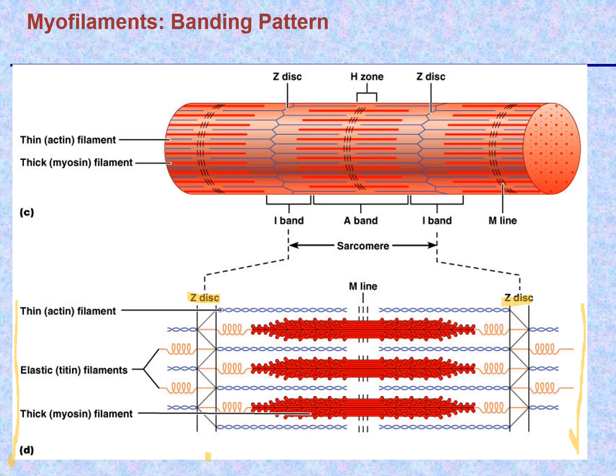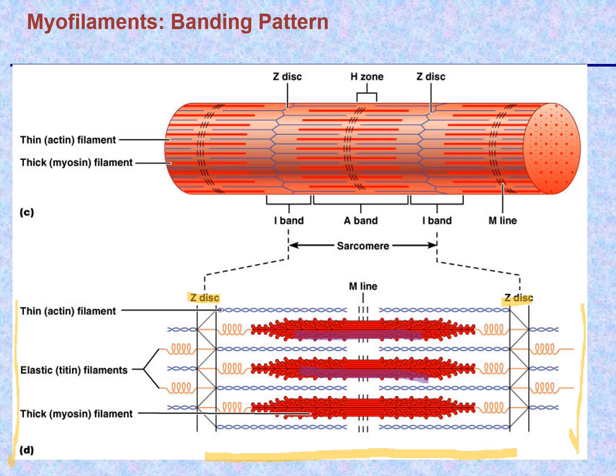That means that this entire area is one sarcomere, and there's a thick filament made up of the protein myosin. So there's one, and there's another one, and there's a third one.